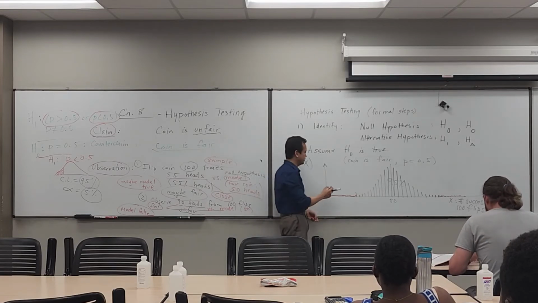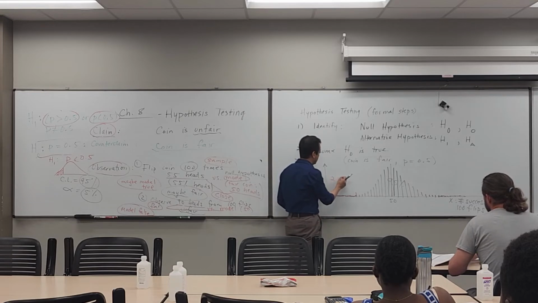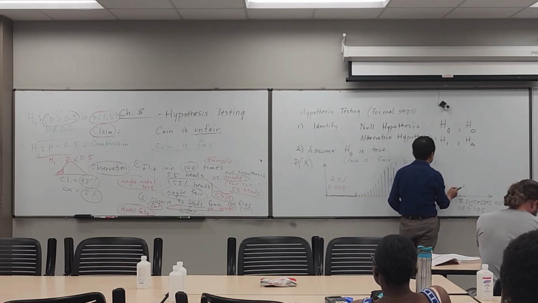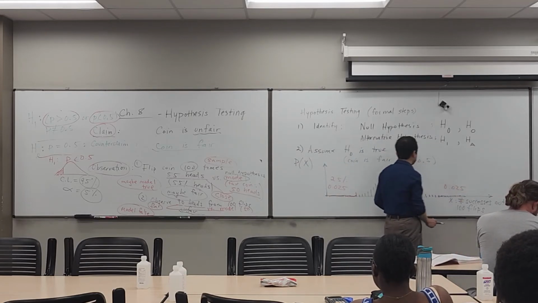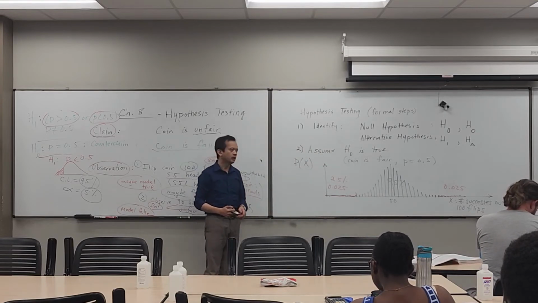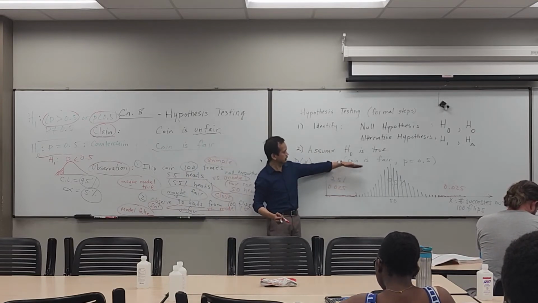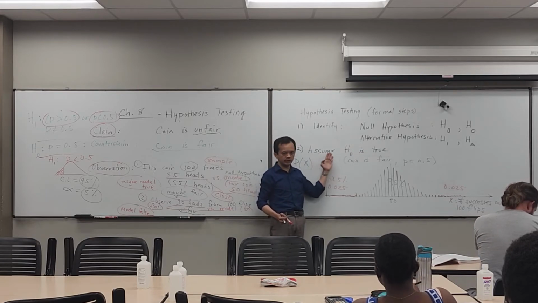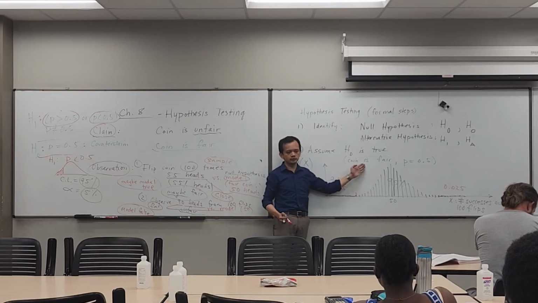Yeah, 2.5%, which as a decimal is 0.025. So this is the visualization of this step 2 assumption, which is you assume that H0 is true. In this case, you're assuming that the coin is fair.